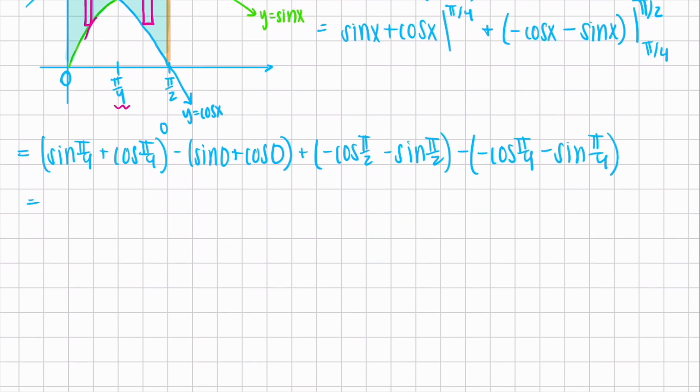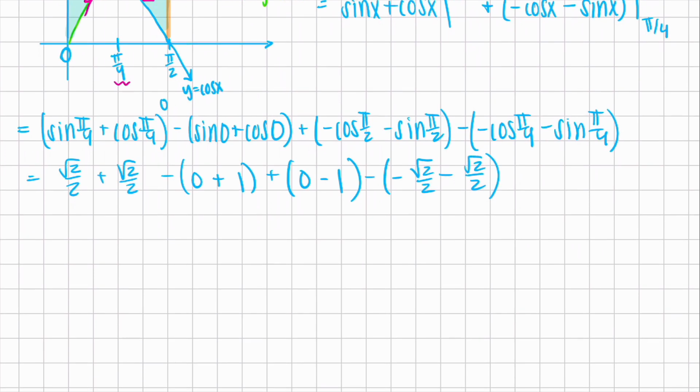Okay, let's fill in these values. Sine of 0 is 0, cosine of 0 is 1. Negative cosine of pi over 2, cosine of pi over 2 is 0, so this is going to be 0. Sine of pi over 2 is 1, so this is going to be minus 1. Minus cosine, let's see, cosine of pi over 4 is rad 2 over 2, so this is going to be negative rad 2 over 2 minus rad 2 over 2.